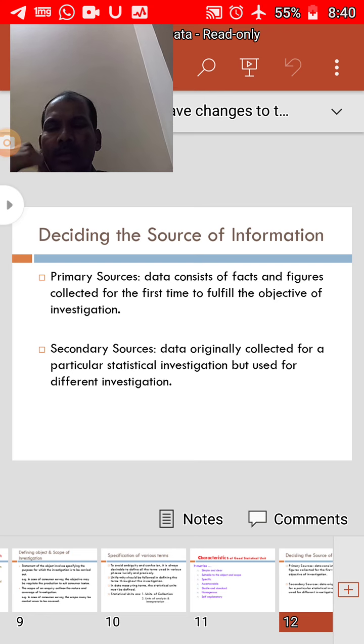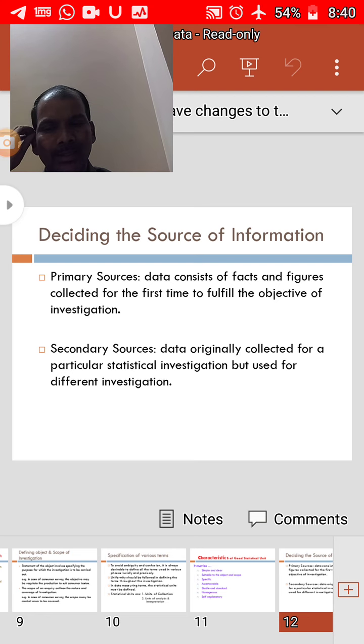Primary data consists of facts and figures collected for the first time to fulfill the objective of a particular statistical investigation. Primary sources include data collected in population census, data obtained through direct interviews with the respondents, etc. Primary data in the hands of one person may be secondary data to others.